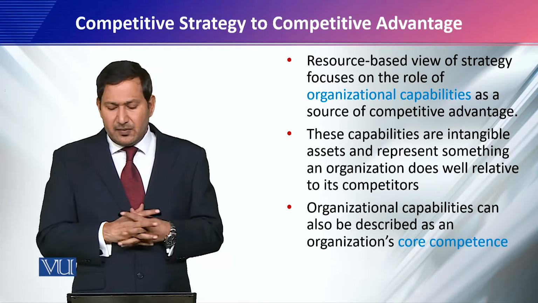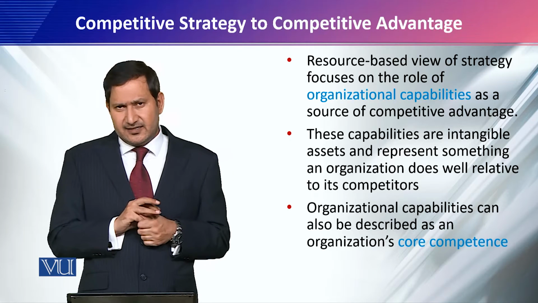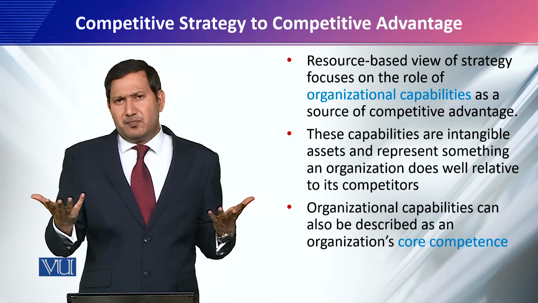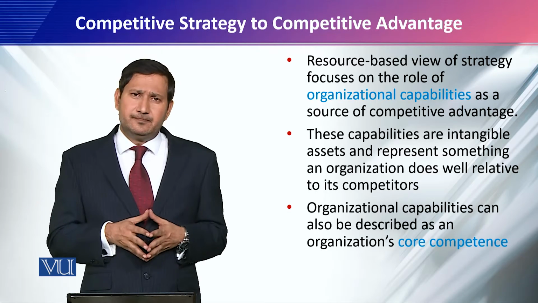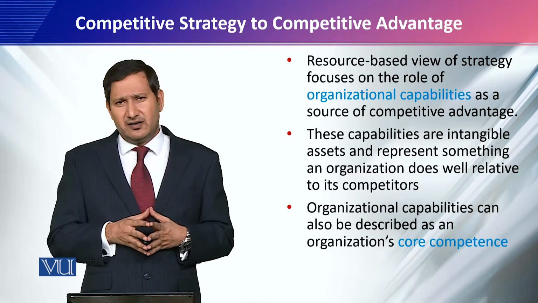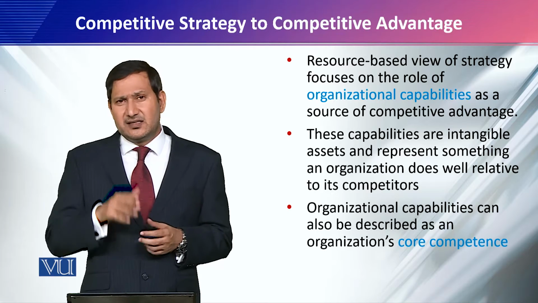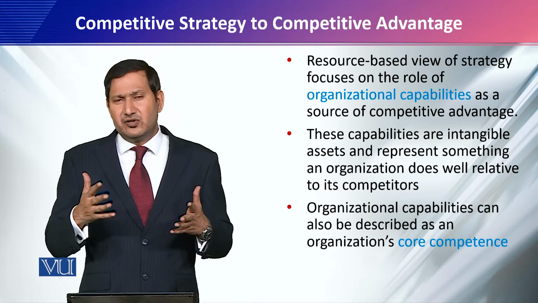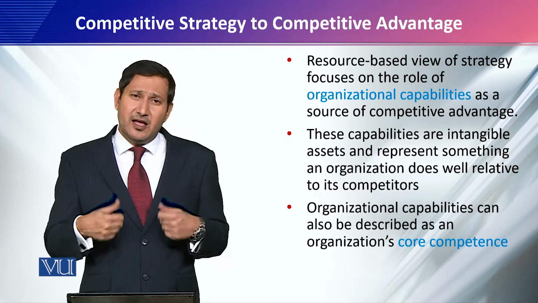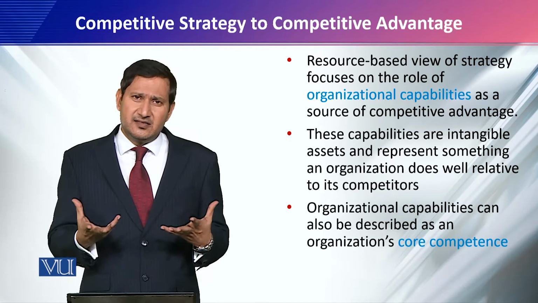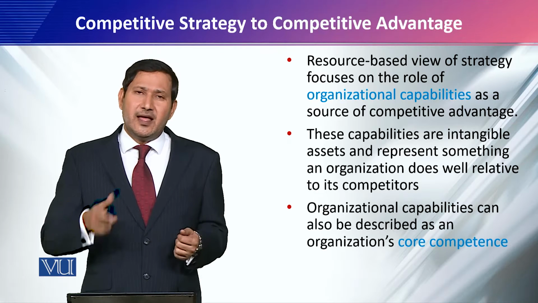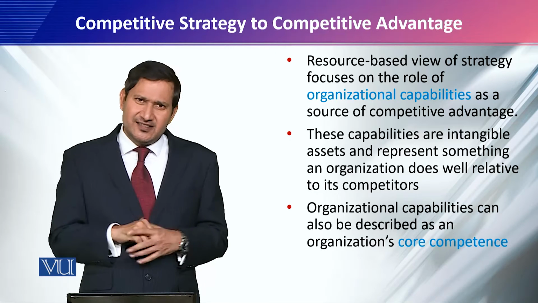So these capabilities are intangible assets. As I said, you decrease the price, your competitor can decrease the price too. You couldn't sustain your competitive advantage. So these capabilities are intangible, something which cannot be touched. Employees' skills, abilities, competency, motivation, experience, ability to make decisions.